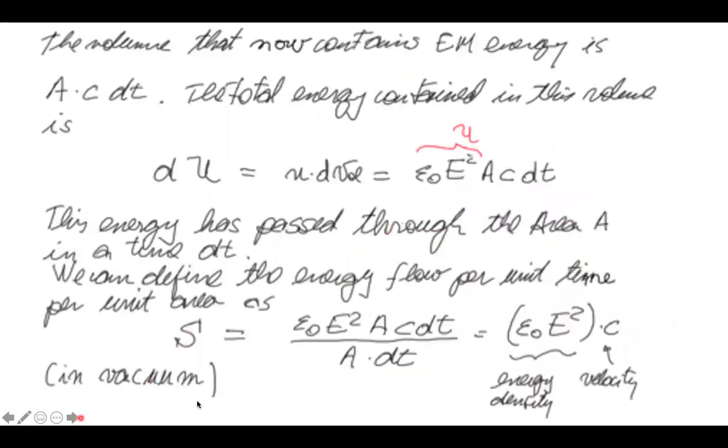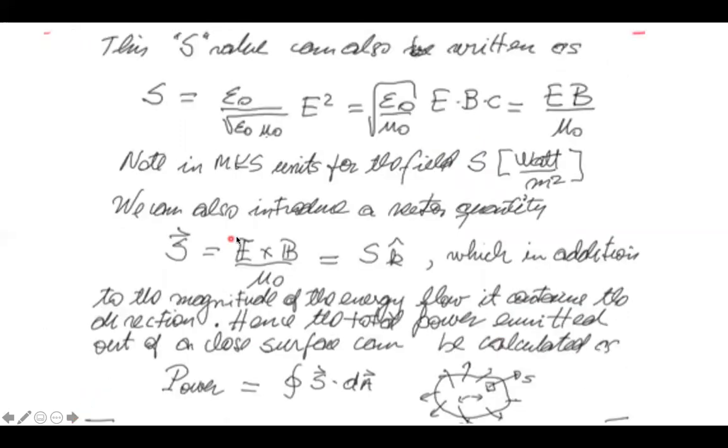So this is the energy flux. The energy flux is the energy density times the velocity. But we can actually improve this by trying to include the direction of the field. This S value can also be written in the following way. 1 over the square root of epsilon naught mu naught is the speed of light.